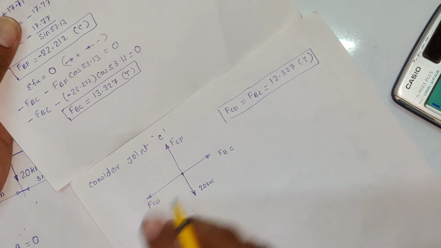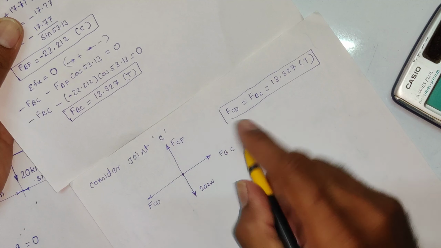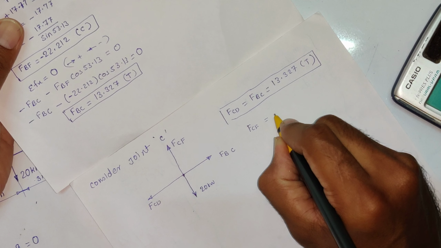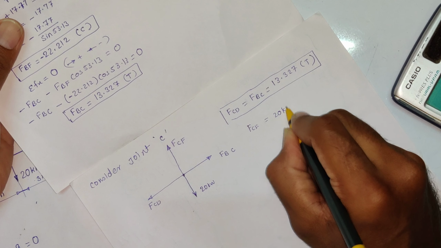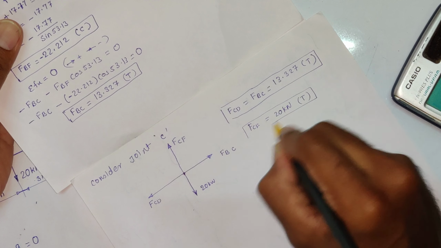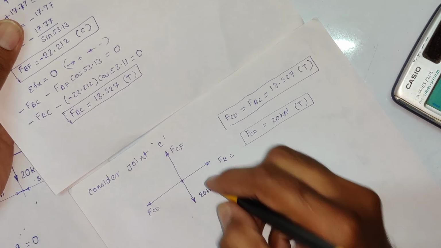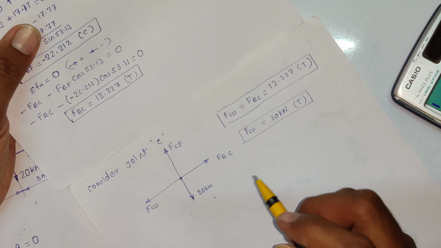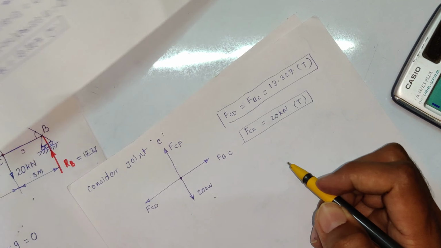Next, FCF is equal to 20 kilonewton tension. Upward force is equal to downward force, so FCF is equal to 20 kilonewton.